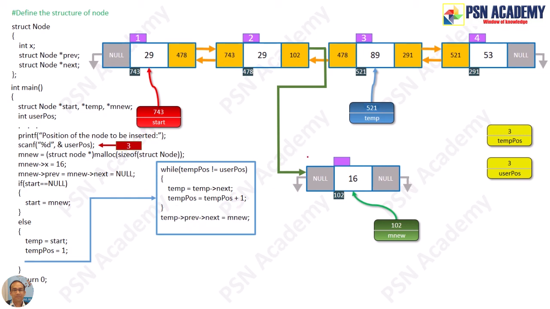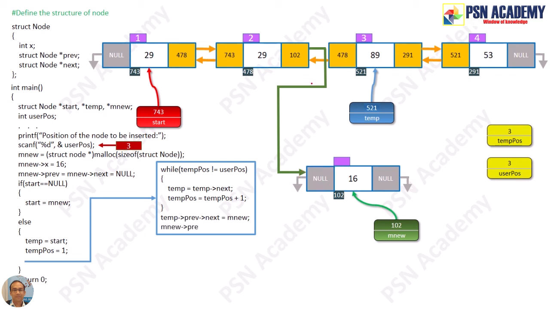Now, since this is a doubly linked list, the new node at 102 will point back to the node at 478. So at present, the 102's prev is null. So it should point to the 478 back, right?